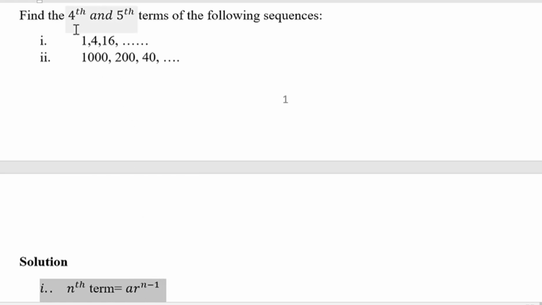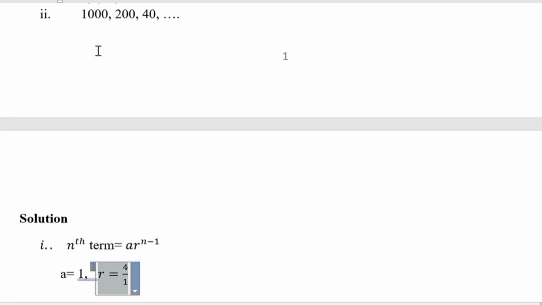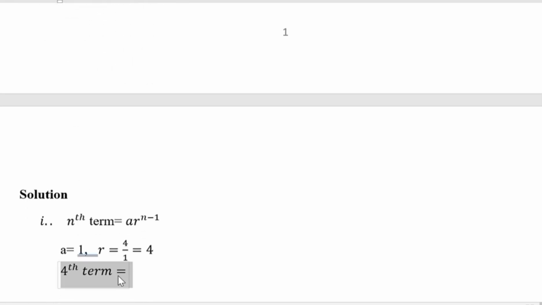Now, considering the first question we have here, the first term is 1, and the common ratio is gotten by taking 4 divided by 1, or 16 divided by 4, and that will give you 4 as the common ratio. Having these two, then we can calculate the 4th term by saying 4th term is equal to 1, that's our A, times R. R is 4, we have calculated it here, times 4 raised to power 4 minus 1, because we are looking for the 4th term.